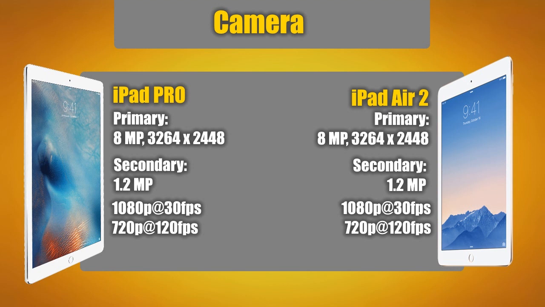It also has the same camera for your secondary, a 1.2 megapixel camera. It also has the same video recording, so 1080p at 30 fps, 720p at 120 fps. So camera wise they're both the same, but the iPad isn't really a good camera anyway.